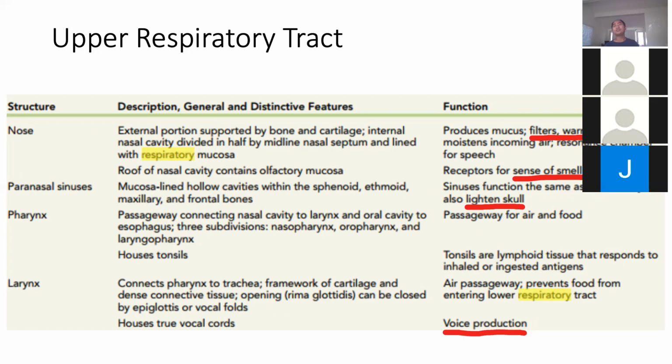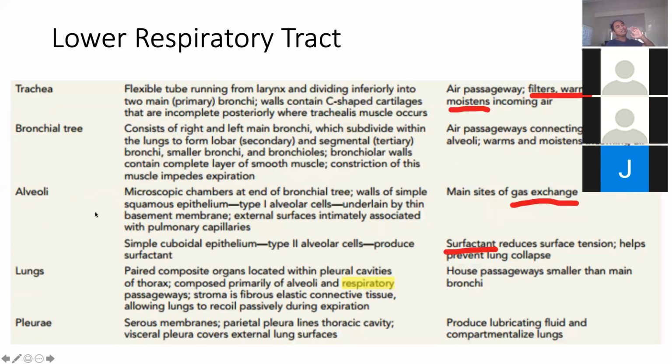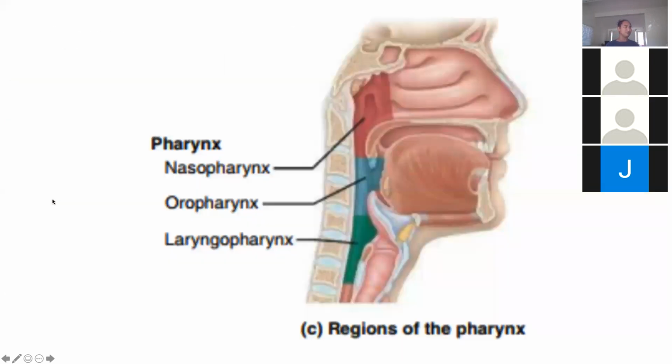Of course, if you want to describe someone having an upper respiratory tract infection or a lower respiratory tract infection, the larynx is the cutting point. Larynx and above is upper respiratory tract. So nasal sinus infection is upper respiratory tract. Laryngitis, pharyngitis is upper respiratory tract. But tracheitis, inflammation of the trachea, and downwards down to the alveoli, is the lower respiratory tract.